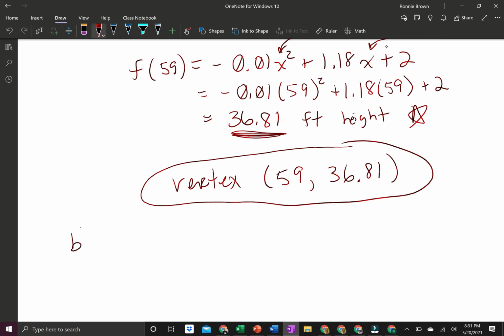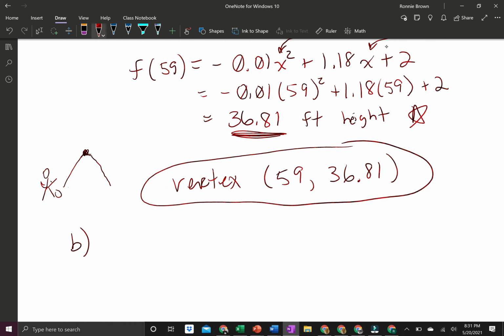All right, we move on to part B. Part B says how far will the ball go downfield and hit the ground. So we've just shown, when that person kicks the ball, this maximum height, but eventually it has to come back down.